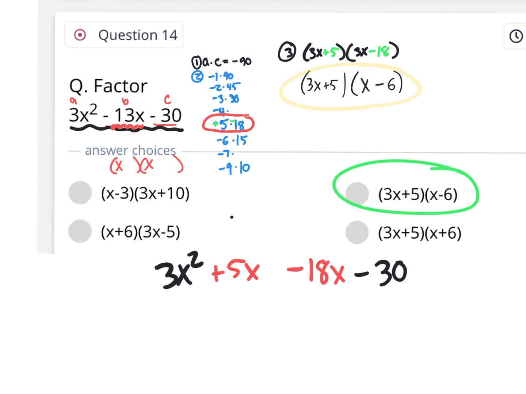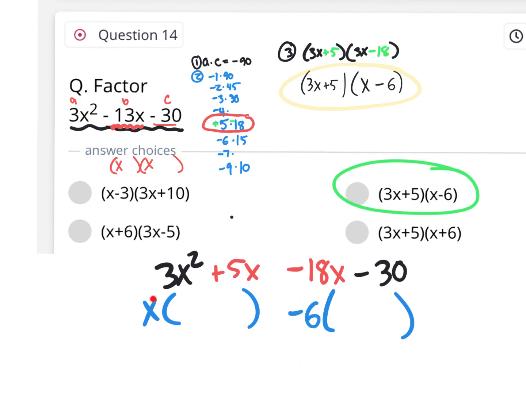You see, I changed these 3 terms to become 4 terms, and now I could take a look at the first group, the first 2 terms, and the second group, and I could pull out a GCF from each group. If I pull out the GCF of the first 2 terms, it would simply be x. And in the second group, I could pull out the GCF, which would be negative 6.